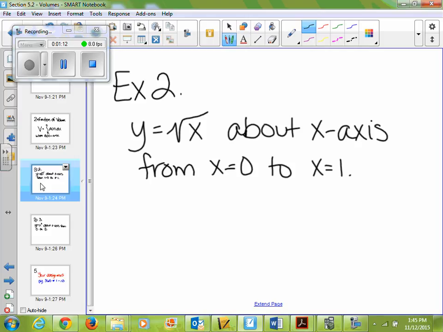Okay, so if I look at example 2, I'm asked to find the volume generated by the graph y equals the square root of x if I rotate it about the x-axis from x equals 0 to x equals 1.